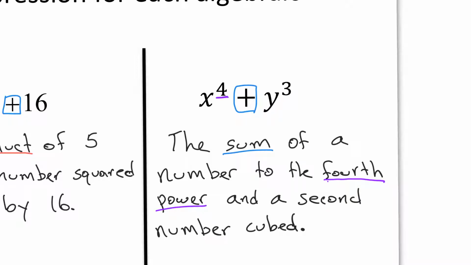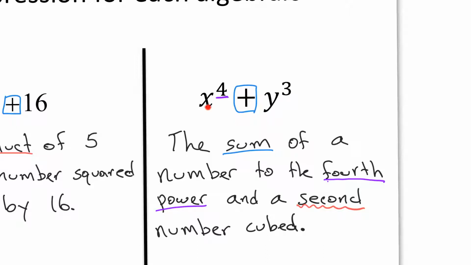Now the following is very important because it says here and a second number cubed. Now why am I using second instead of just a number? So let me explain that, but let me just underline the word second number. When we say a number and a second number, that is saying that you have two different numbers, and they represent different variables.